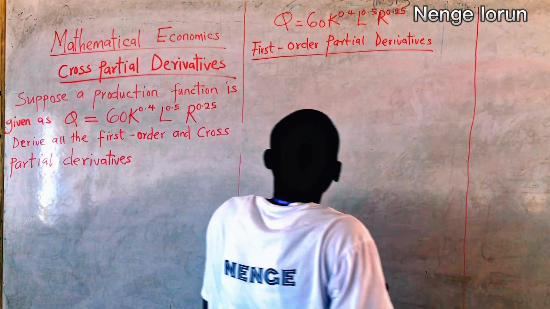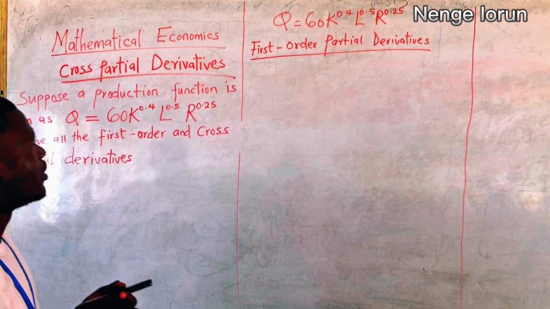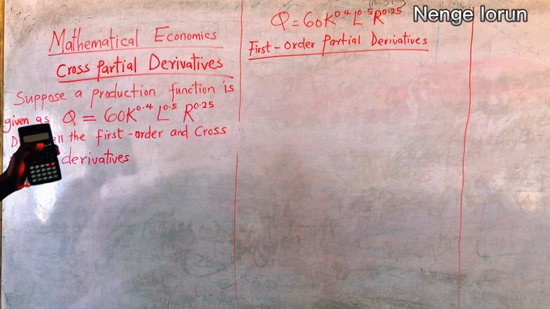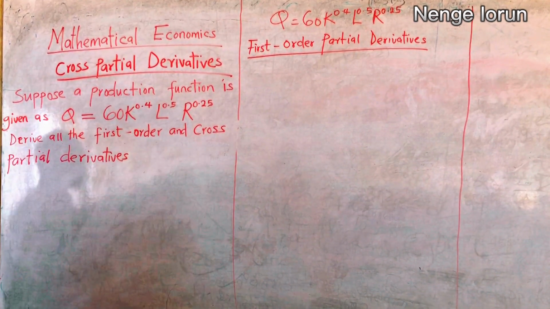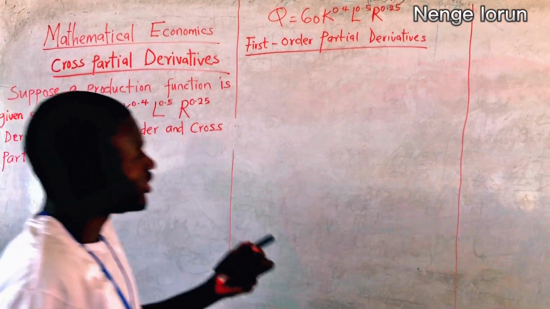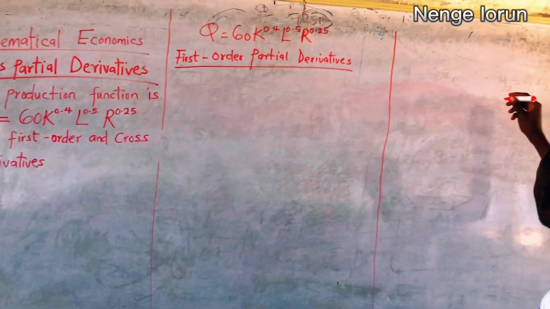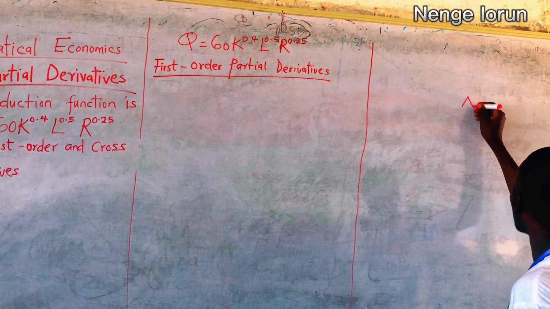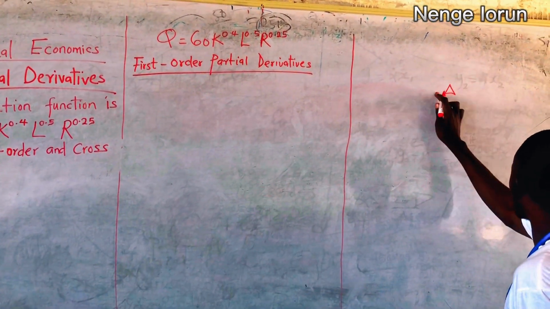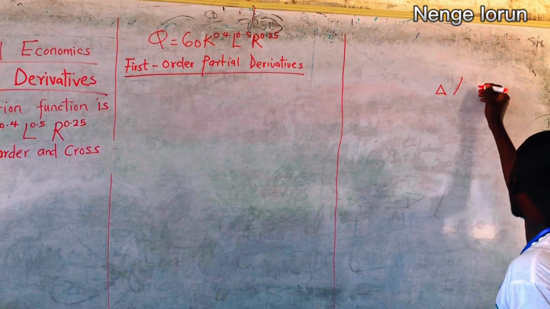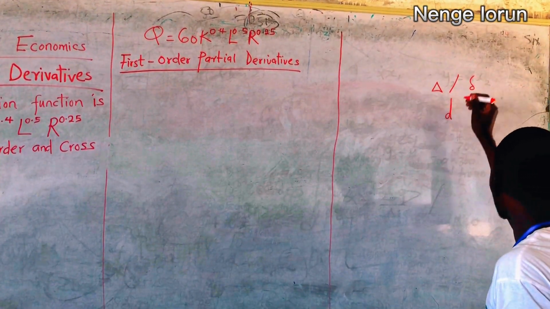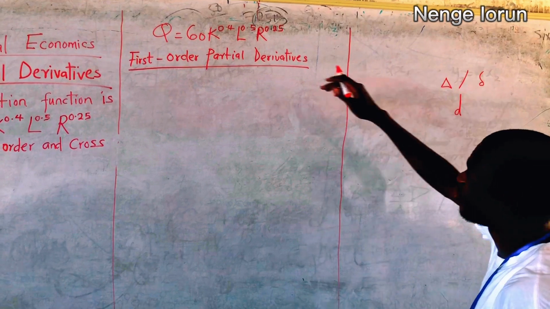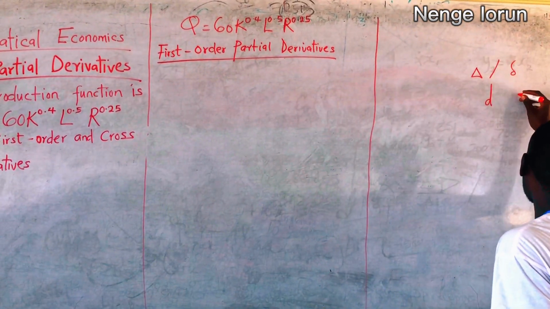So now, there are some basic things that you need to understand before you flow well under this topic, because you did differentiation and you have been seeing symbols like this. You have been seeing delta, a symbol of this nature, and today we are talking about cross partial, which is like this.